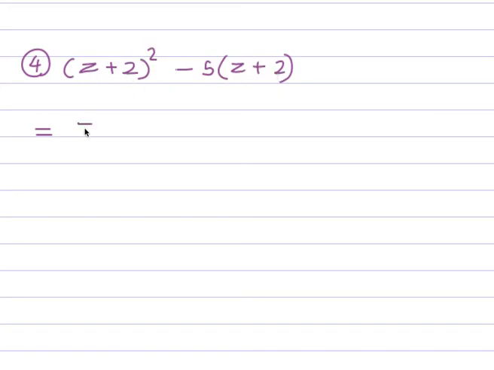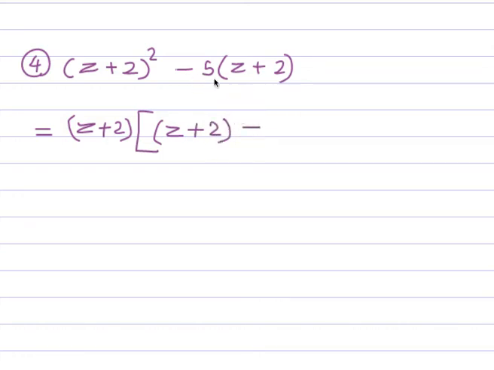So we can take common bracket z plus 2. This is the common factor. Now here I think I have to use a square bracket. So here z plus 2 square. We took just this one part, so another part is left here, z plus 2.